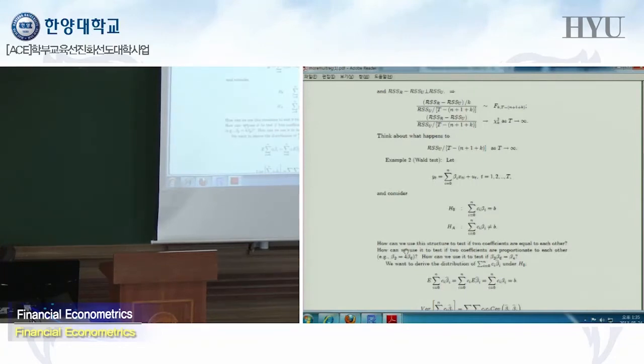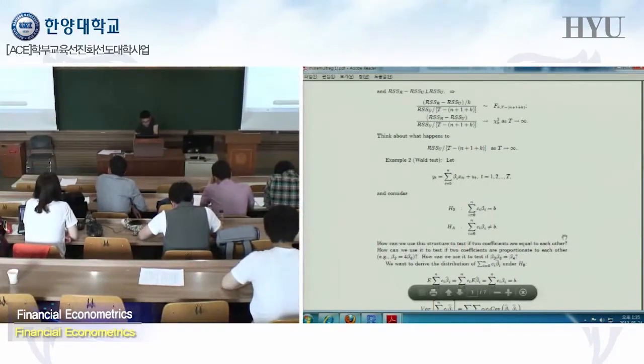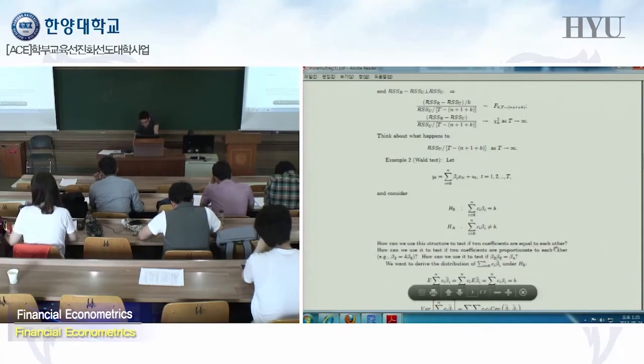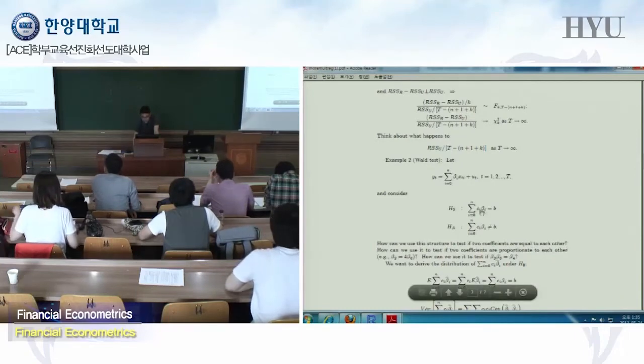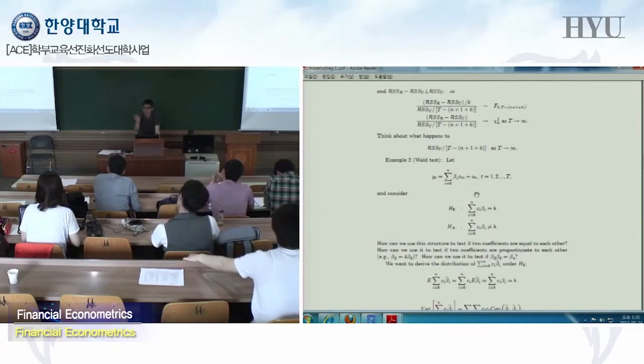Then how can we use this structure to test if two coefficients are equal to each other? Actually, this is exactly the homework, right? How can you use this structure to test if two coefficients are equal to each other? In this case, it is easy, right? In your homework, C should be 0, 0, 1, minus 1, and B should be 0.